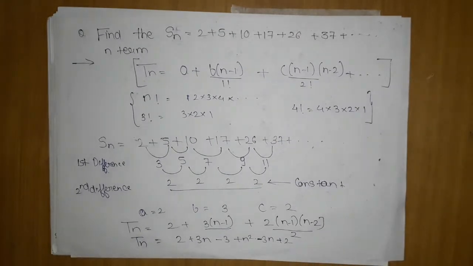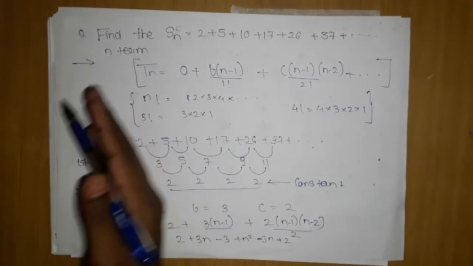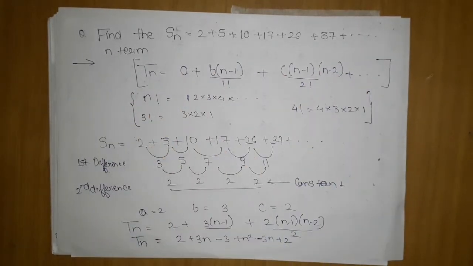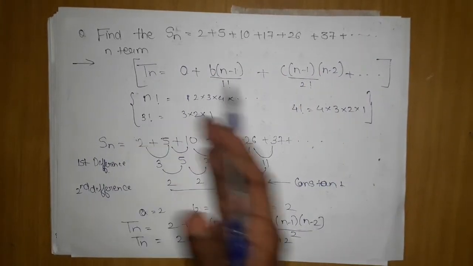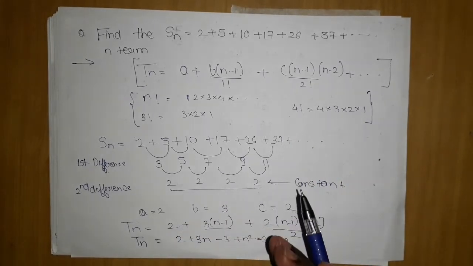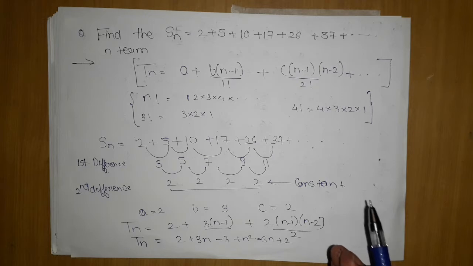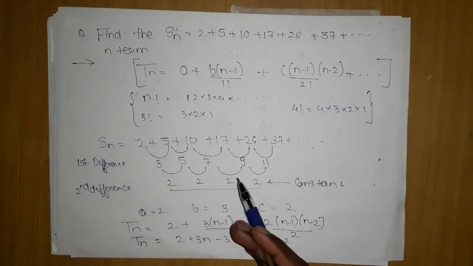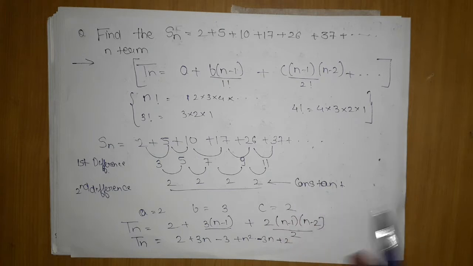Now again I will teach you. They have given you the sequence, and you identified that we can solve it this way. You know the formula: a plus b into n minus 1 upon 1 factorial, plus c into n minus 1 into n minus 2 upon 2 factorial, and so on. The sequence is 2 plus 5 plus 10 plus 17 plus 26 plus 37, and so on.